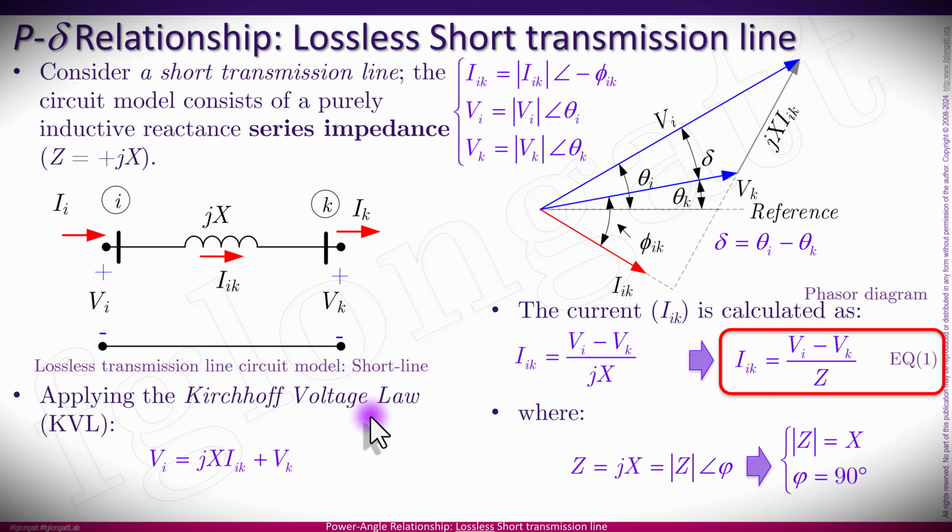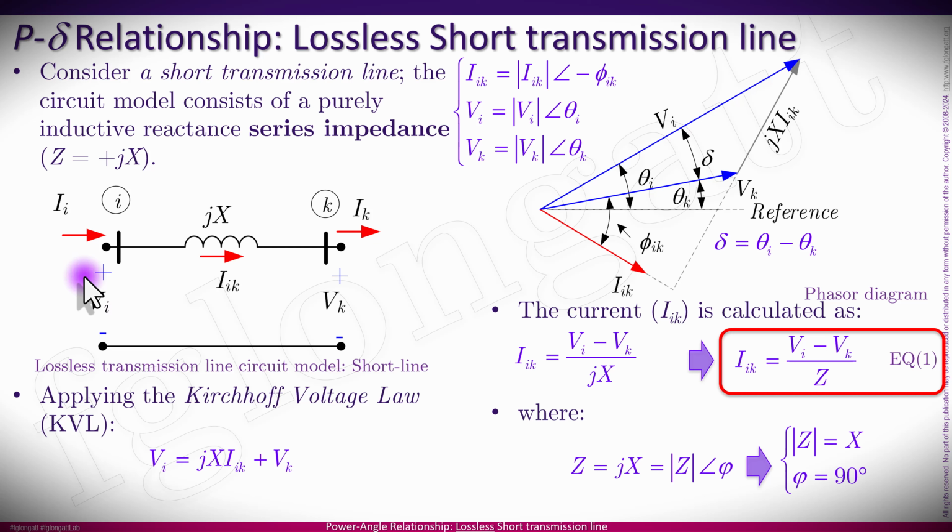If we want to calculate the electrical current in this circuit, basically we can use one of the most important laws in circuit analysis, and that is the Kirchhoff voltage law. In this equation, you can see that we are applying the Kirchhoff voltage law.